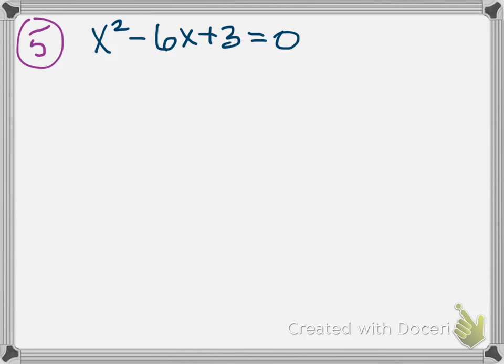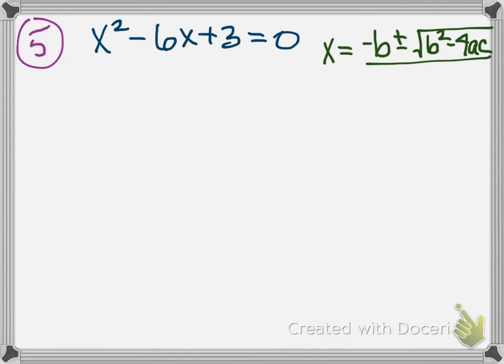So remember, quadratic formula, we have x equals opposite of b plus or minus square root b squared minus 4ac divided by 2a. So in order to make this equation work, I need to know a, b, and c. That's the first step. So a is 1, b is negative 6, and c is 3.